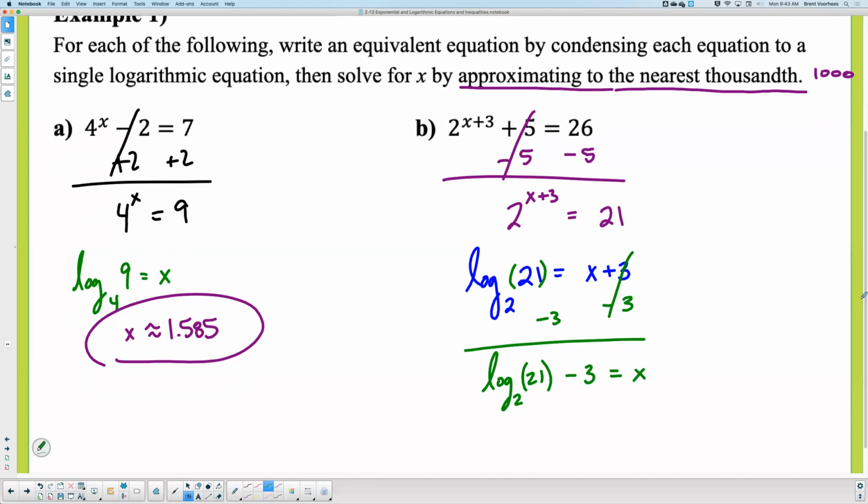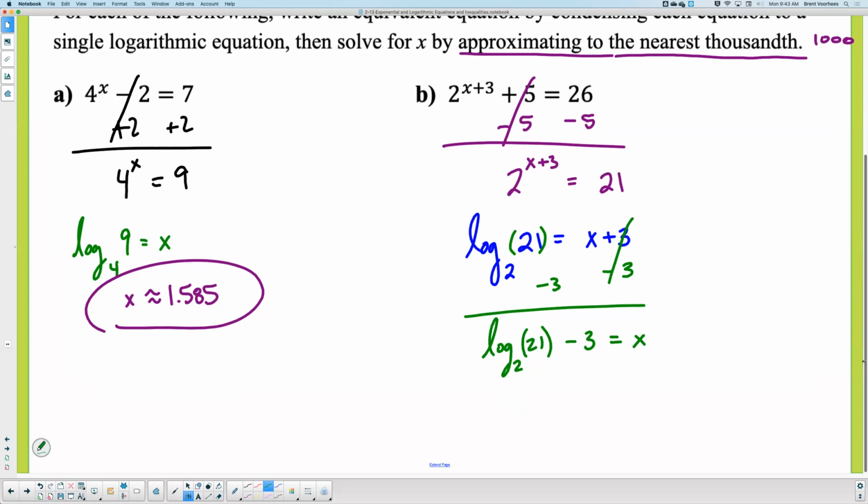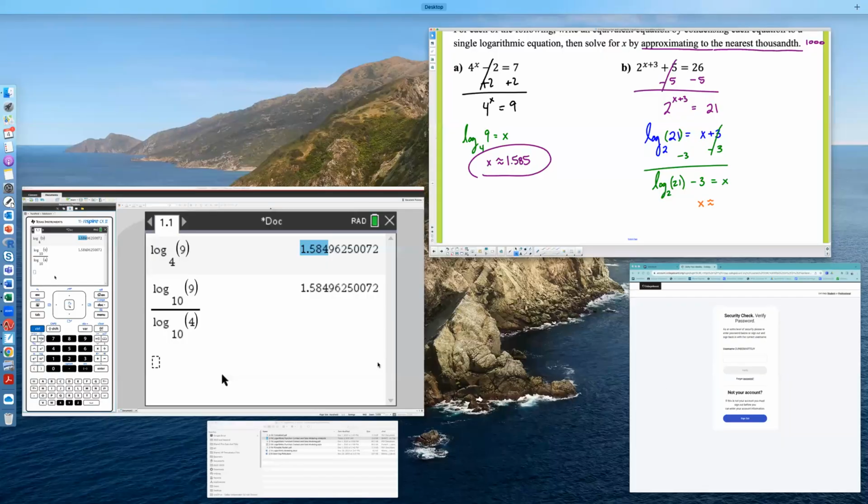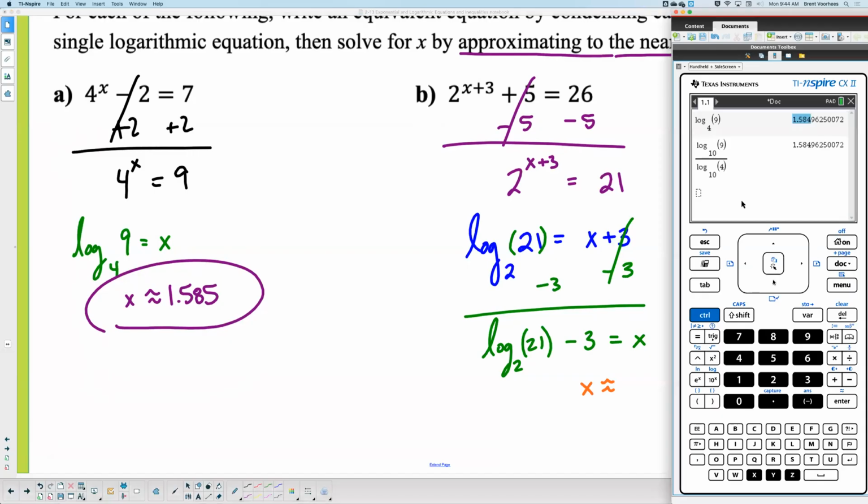Let's type in the calculator and approximate this answer to the nearest 1,000. So let's go type that in and see what we get to the nearest 1,000. Log base 2 of 21 minus 3. That's what we're looking for here. Log base 2 of 21 with the minus 3 on the outside.